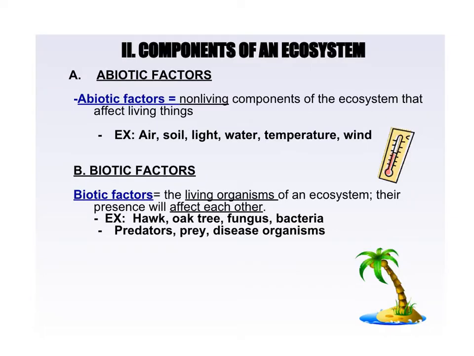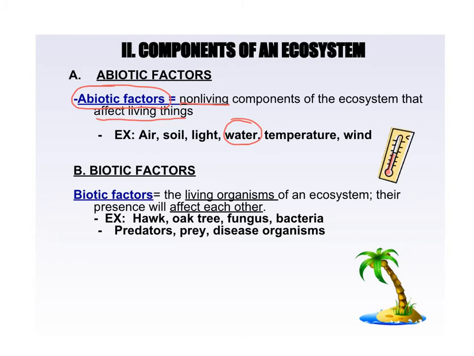All right, so these would be a couple of really important terms. The different components of an ecosystem, one are called abiotic factors. All you need to know is that abiotic factors are the non-living factors or components of an ecosystem, but these do affect living things. So for example, water.